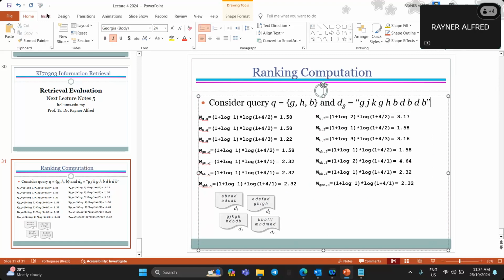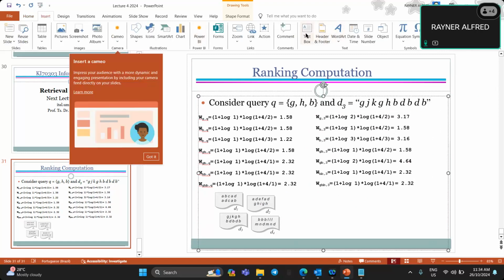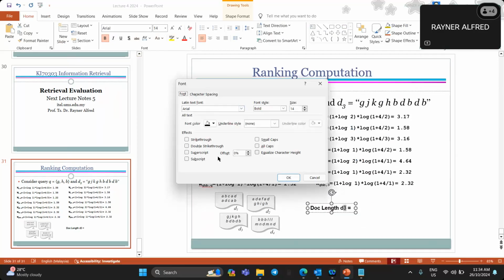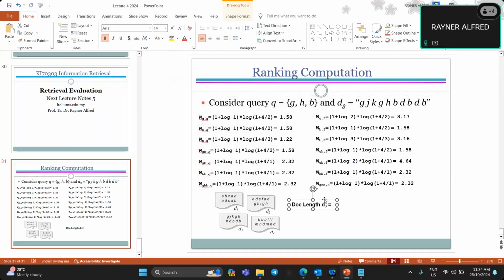So what is the document length here, for document 3? I got 4.75. How do you get it?